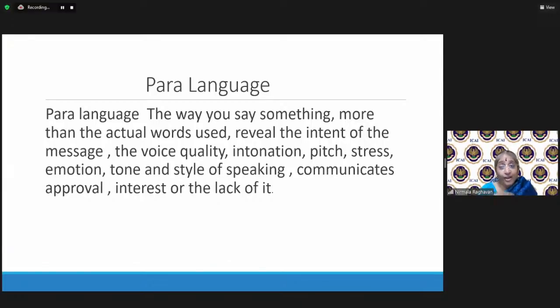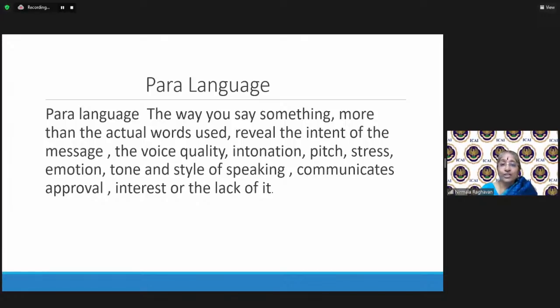Emotion. When you're happy, you have a different "oh" sound. Tone, the smiling tone: when you talk over the phone and you're smiling, the other person can understand. If you talk very disinterestedly, the listener will be able to understand that you're not smiling, that you're not happy, that you're not pleasant.